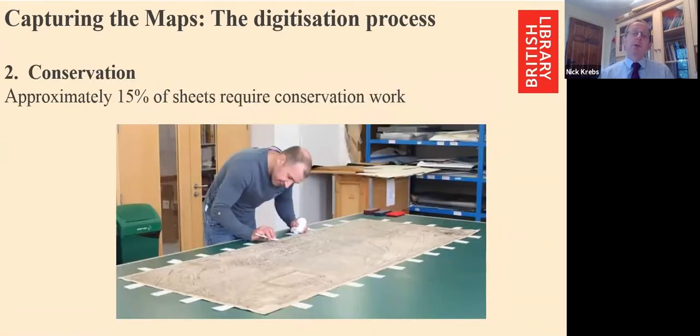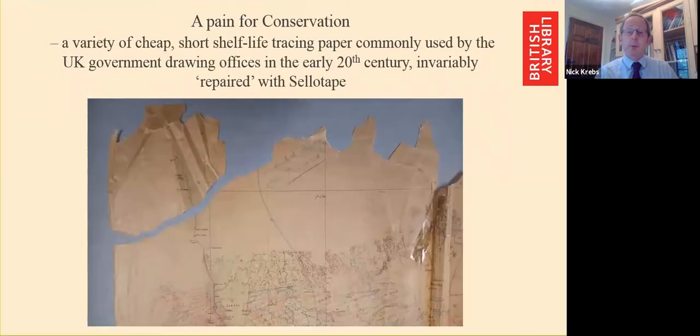Once we've decided on the maps, about 15% of them on average require some sort of conservation work. The Qatar project is a big project. We've got 3 full-time conservators working on it, and some of the material can be quite nasty to repair.